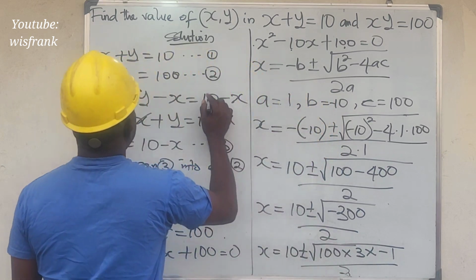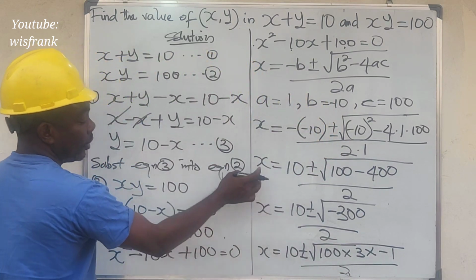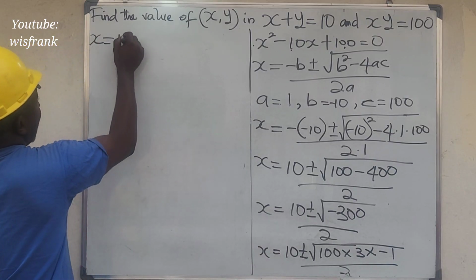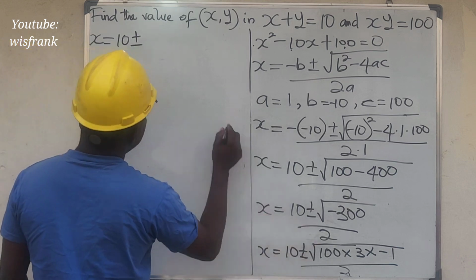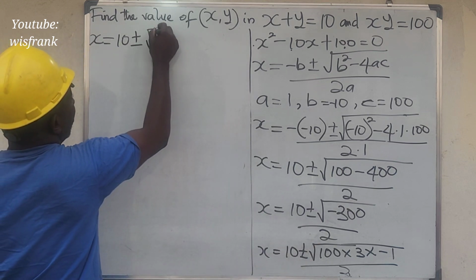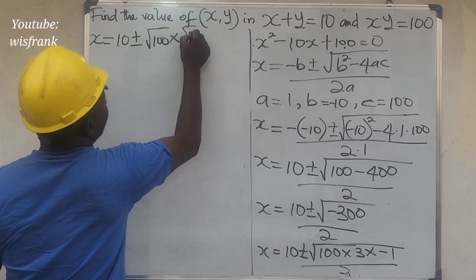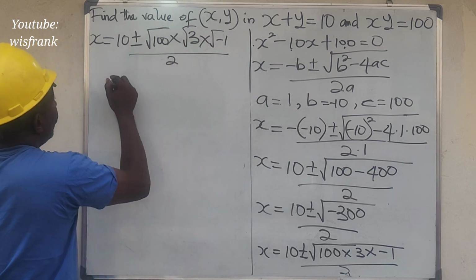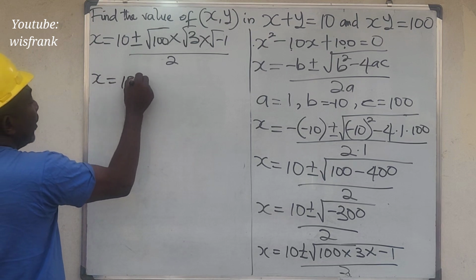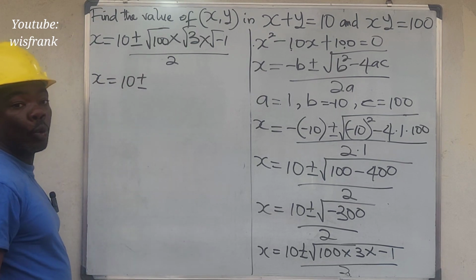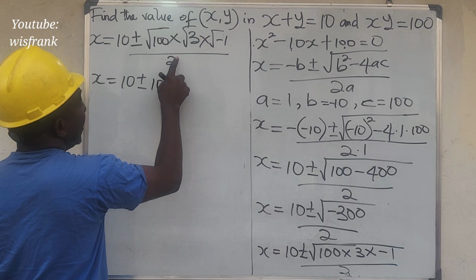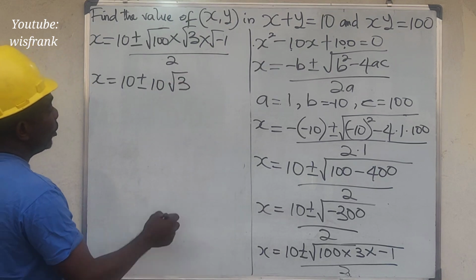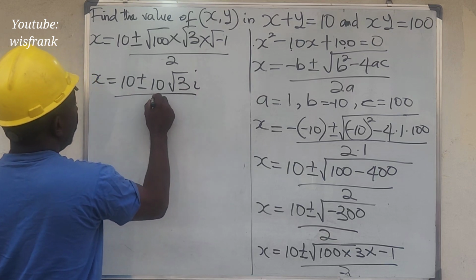This is the same thing as root 100 times root 3 times root minus 1, all over 2. So our x equals 10 plus or minus square root of 100, which is 10. Then we have square root of 3. Then square root of minus 1 is i, which is iota. We have i here all over 2.